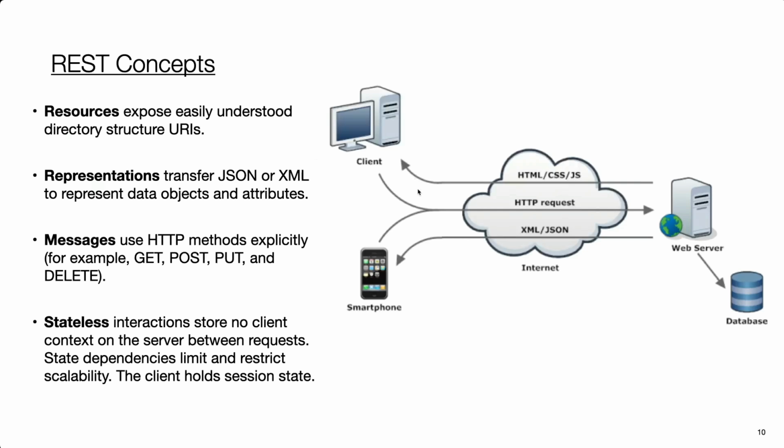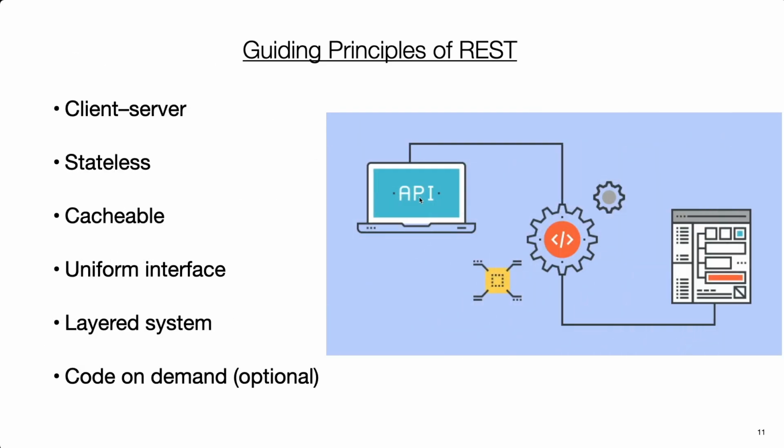Some guiding principles then. For building an API, it's going to be client-server, so that's the very nature of the web itself. We want our API to be stateless, so that means that successive requests to the API are independent. Shouldn't be depending on carrying state or state being retained between requests. Should behave well with caches between our client and our server.